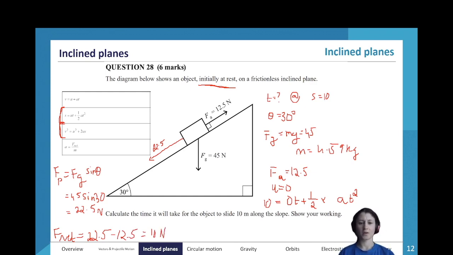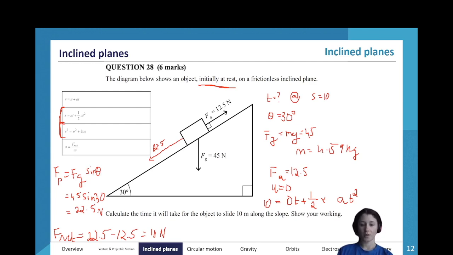So, now that we know that the net force is 10 newtons, we can actually figure out the acceleration, because the acceleration is a result of the net force. Alright, you can't find the acceleration just from a single force in the diagram, you need to have the net force. Because now that we know that 10 newtons is the net force acting on the box, that is proportional to how much it will accelerate.